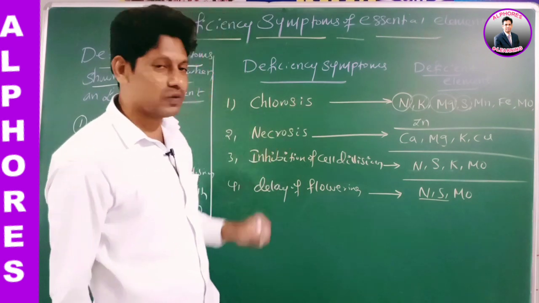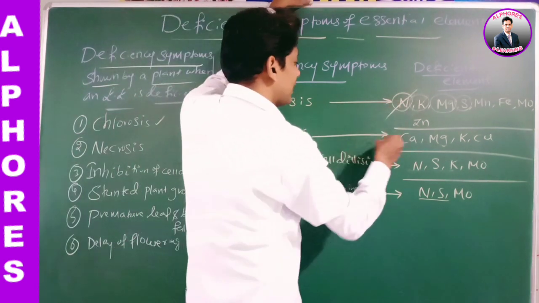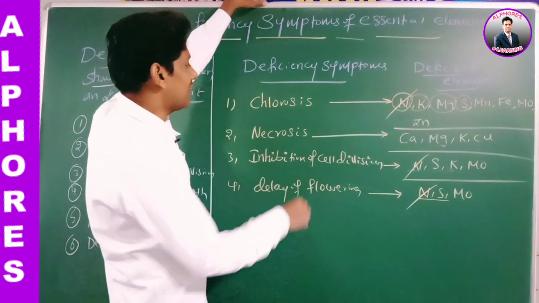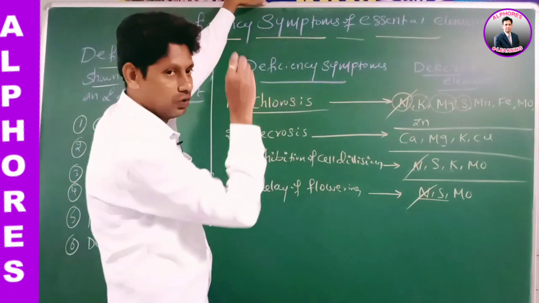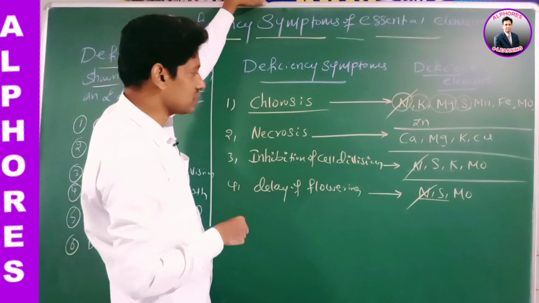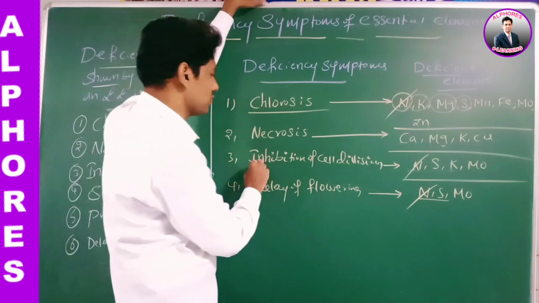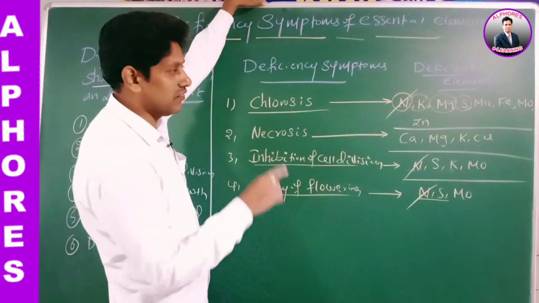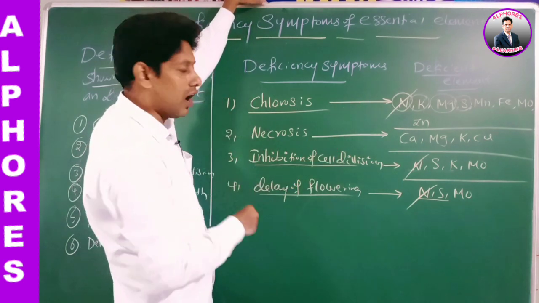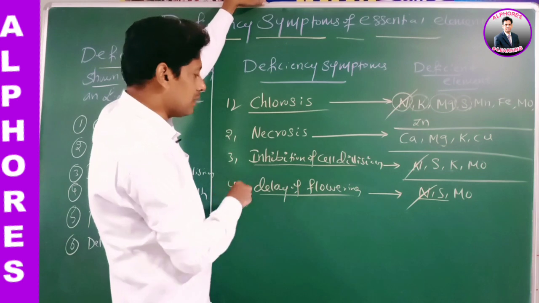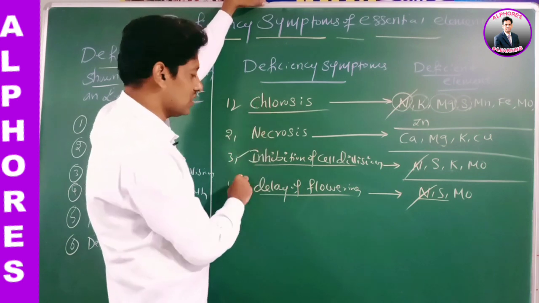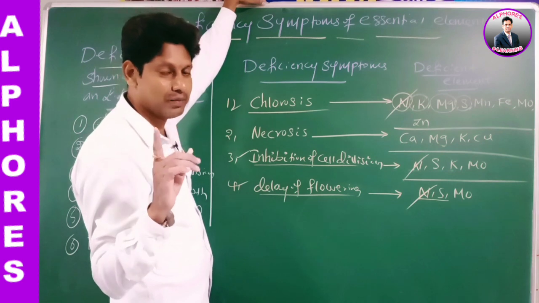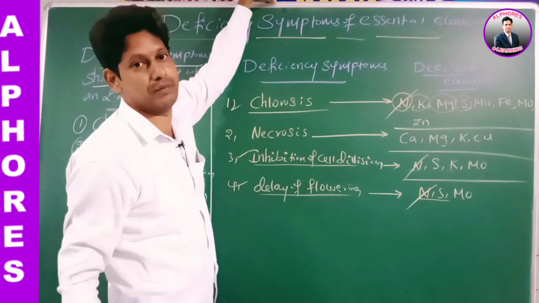If nitrogen becomes deficient, the plant not only shows chlorosis, but also inhibition of cell division and delay of flowering. Therefore, deficiency of an essential element causes multiple symptoms.